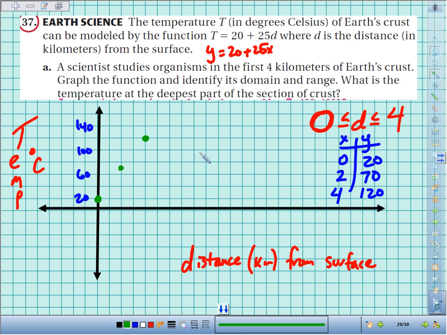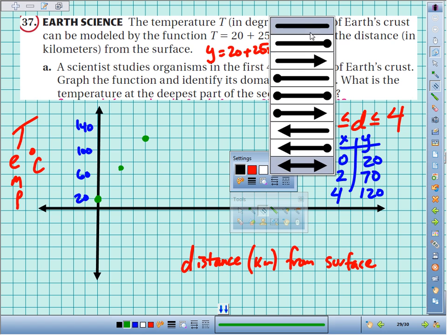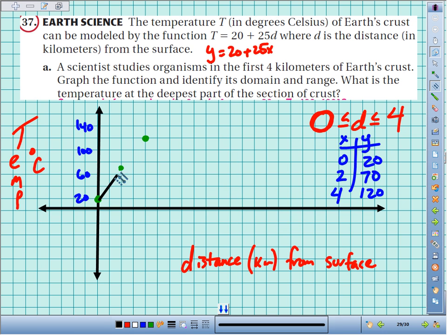And I'm not going to extend this to go on forever because remember, we limited ourselves just in the first 4 kilometers of the surface, so I'm stuck between 0 and 4. If I'm stuck between 2 points, I create a segment that stops at those 2 points.